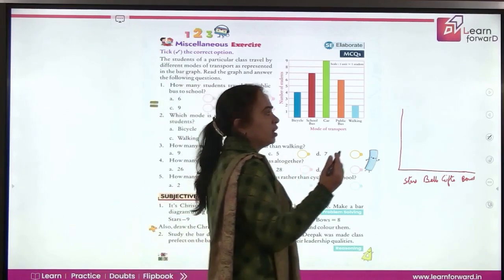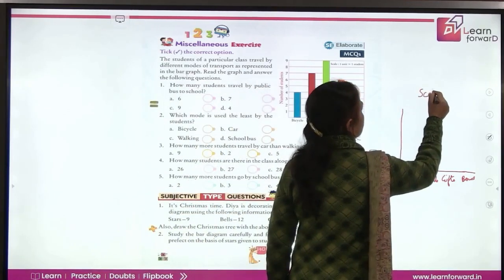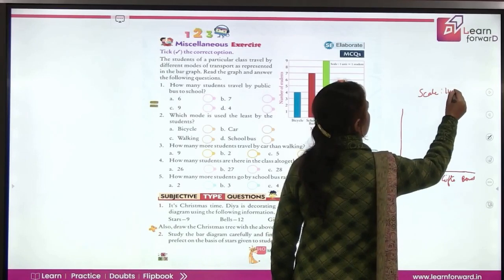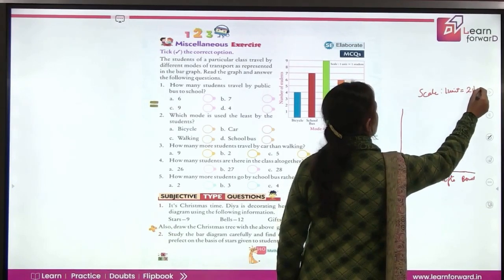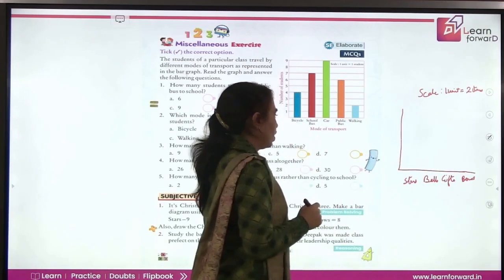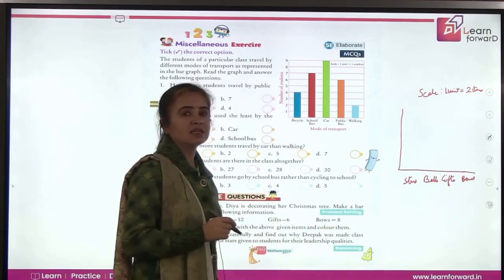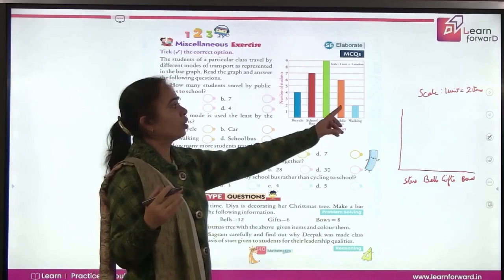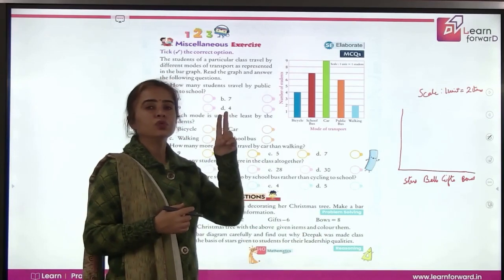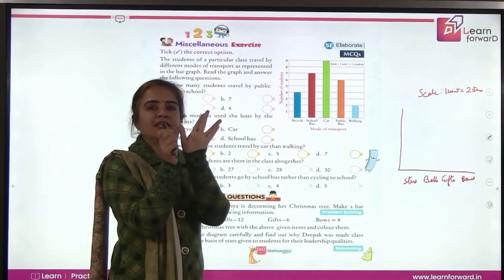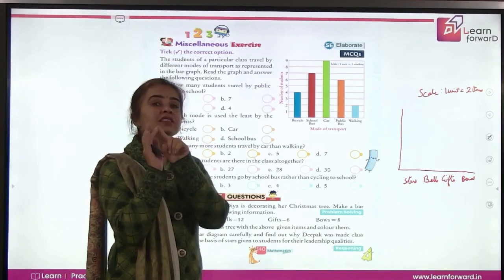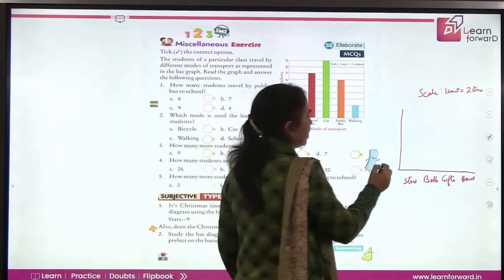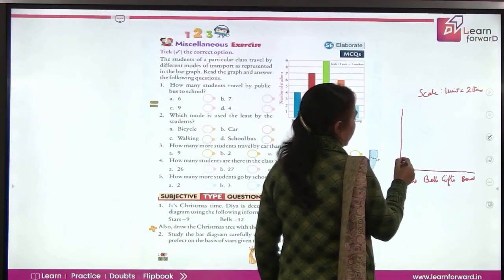So let us take 1 unit. Scale is 1 unit equal to 2 items, right? If you are talking about stars, there are 9 stars. 9 means 2 units, so 2, 4, 6, then 8. So 4 and 9 is just halfway. So we'll be taking up to between 4 and 5.